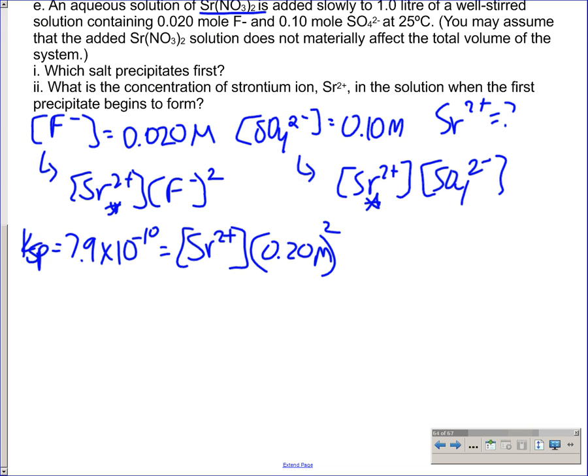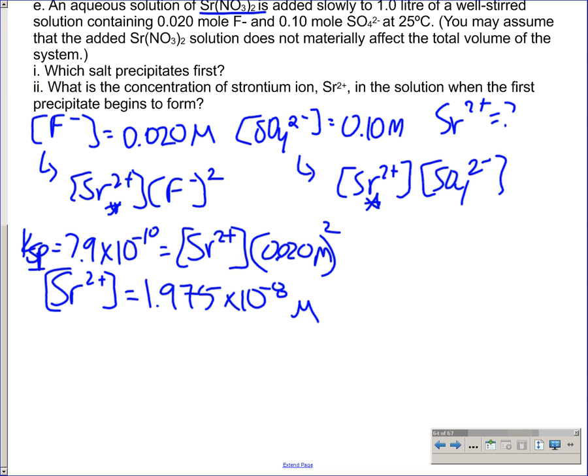So when you solve for this, you're going to square that number and divide. So Sr2+ is equal to 1.975 times 10 to the negative 8th molar here. I just simplified the math and went straight to the answer for you. You guys can plug that into your calculator.